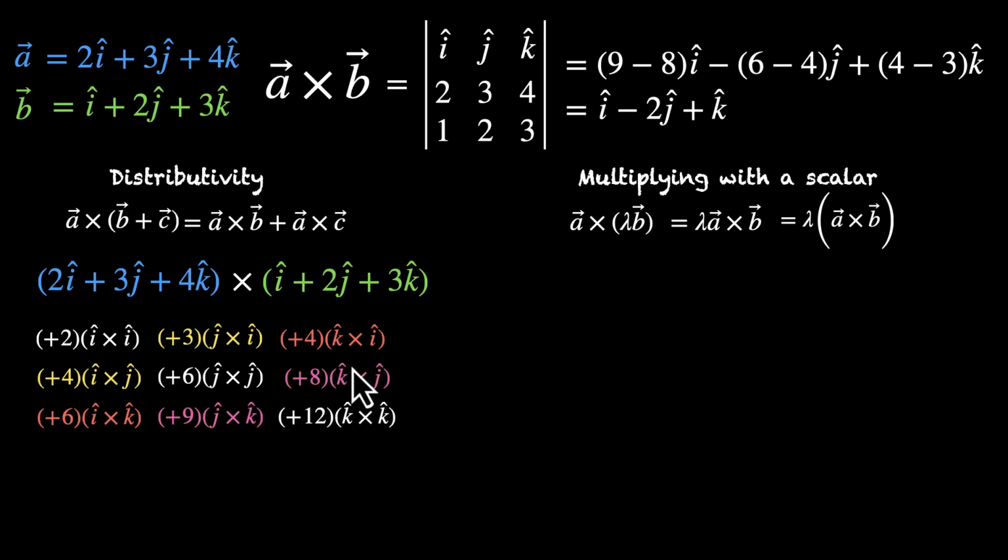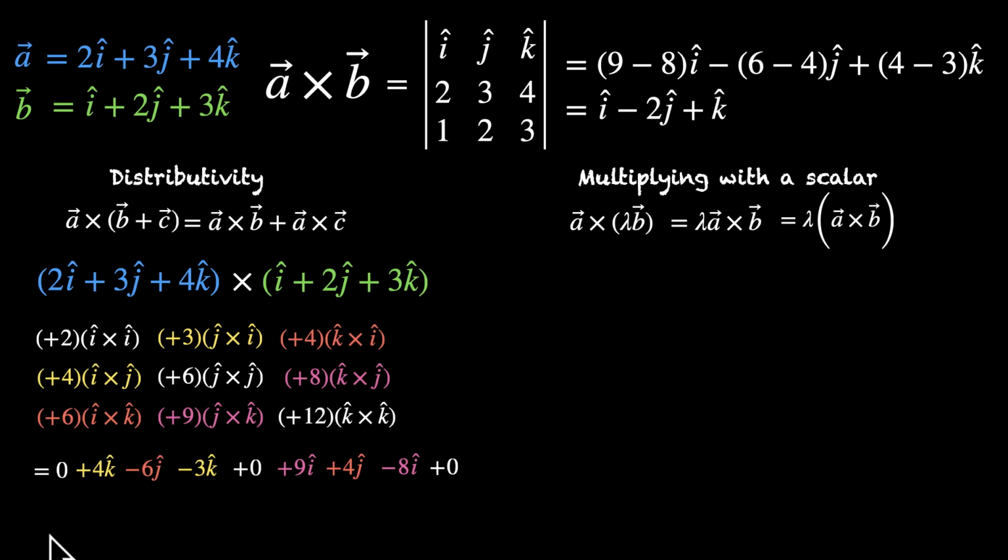For the rest of them, we'll get some value. i cap cross j cap, that's k cap, so this is 4 k cap. i cross k, that's minus j, so this is minus 6 j cap. j cross i, that's minus k, so that's minus 3 k cap. This is 0. j cross k is i, so that's 9 i cap. k cross i is j, that's 4 j cap. k cross j is minus i, so that's minus 8 i cap. And this again is 0.